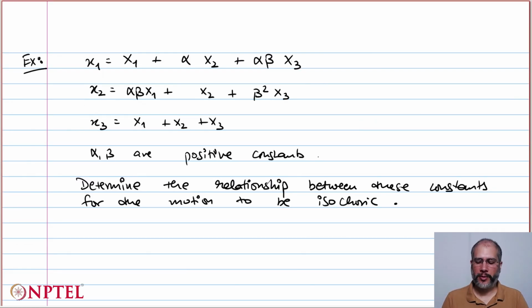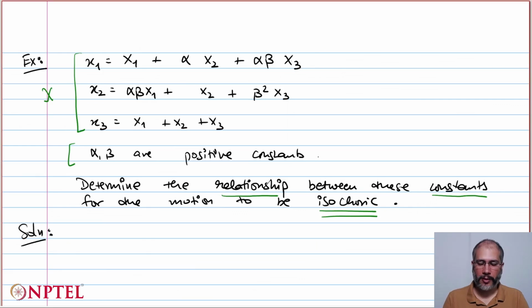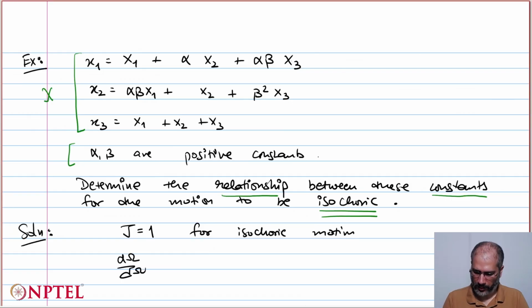The problem gives us a deformation, that is a chi function, with alpha and beta being positive constants, and we have to determine the relationship between these constants for the motion to be isochoric. For the motion to be isochoric, we saw that the Jacobian has to be 1, because d omega by d omega naught was the same as the Jacobian.